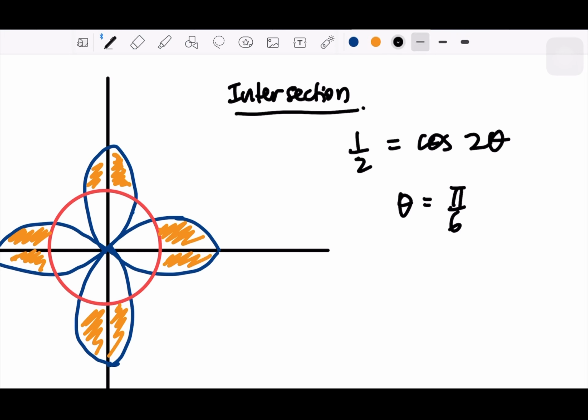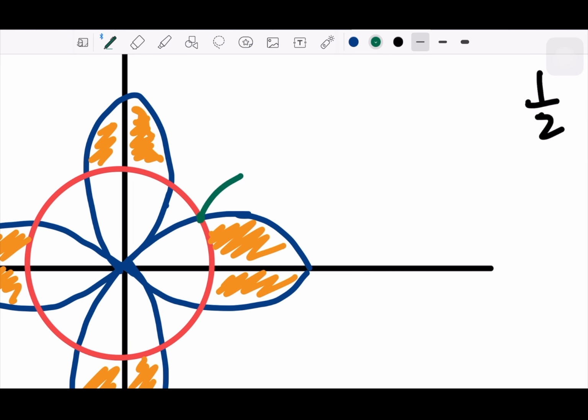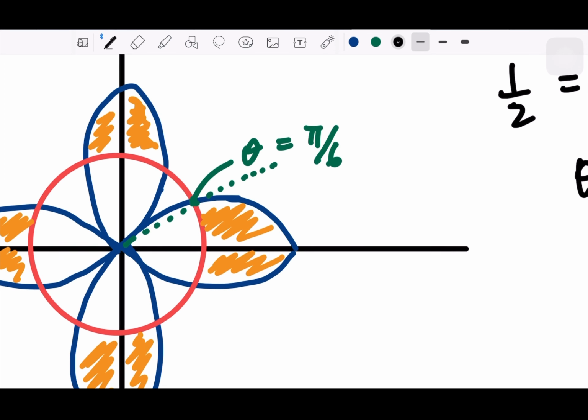So theta on this section here will be theta equals pi over 6. Okay. So how do we compute? Integrating from 0 to pi over 6, and then the curve will be the rose minus the circle. Okay, got it?